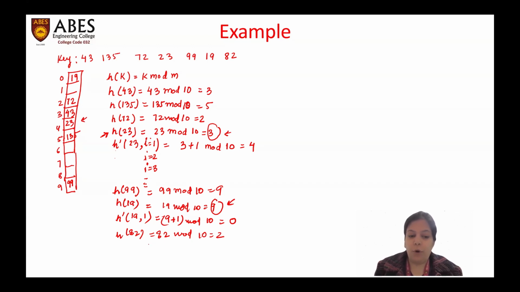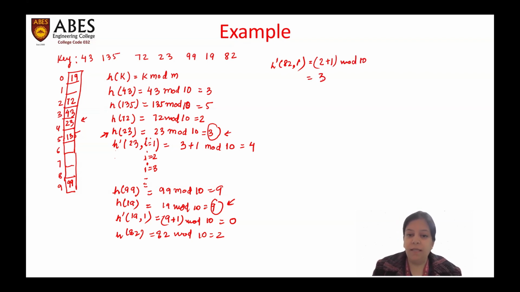For this, we use the linear probing function, 82 comma i, where the value of the probe is 1. This is represented by (hk, which is 2, plus 1) mod 10, and in this probe we will get the value 3.